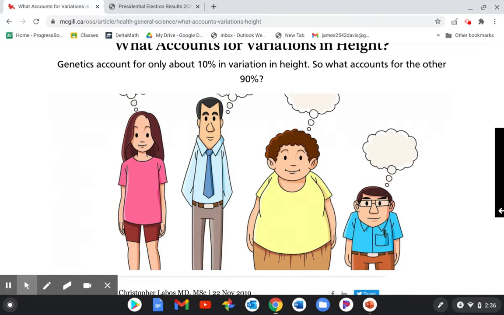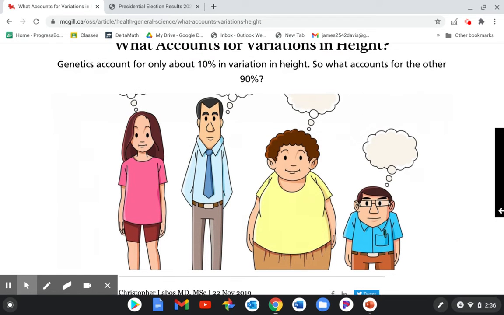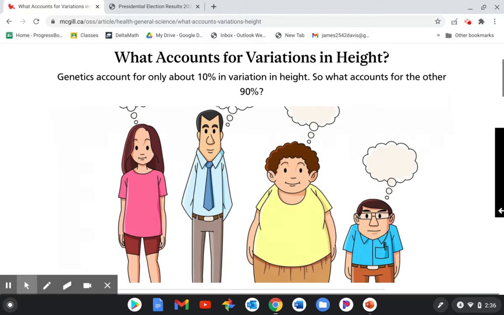It's saying that environmental factors along with your genetics account for the other 90% of your height and overall body type as well. So take it with a grain of salt. I guess you can't blame your parents if you're too short because they're only responsible for 10% of that. Anyhow, thought that was interesting.